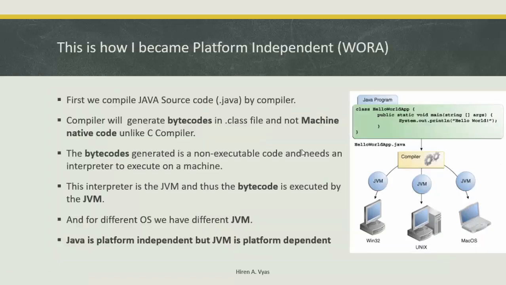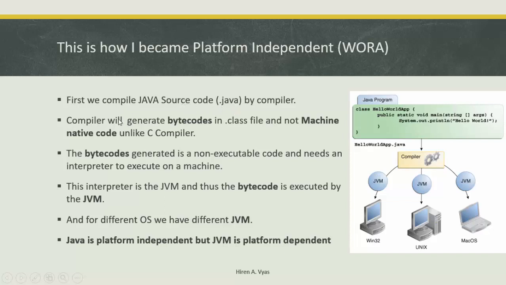Now we know Java is one of the most popular programming languages. One of the reasons is that it is platform independent, meaning we write the program once and run it anywhere. That is WORA. So this is how Java is platform independent. First, we compile the source code.